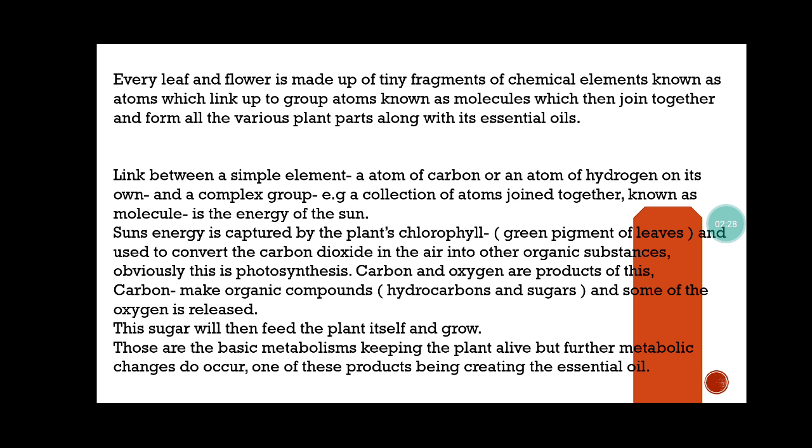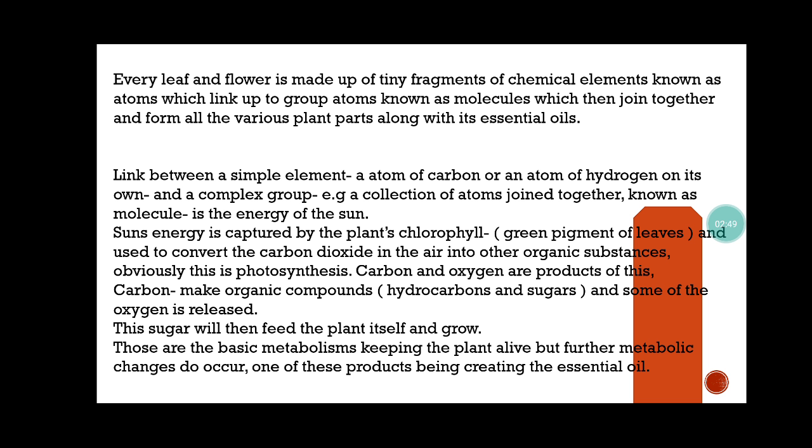Every leaf and flower is made up of tiny fragments of chemical elements known as atoms. So when atoms link up together in a group, they are then molecules, which then join together and form all the various plant parts along with its essential oils.